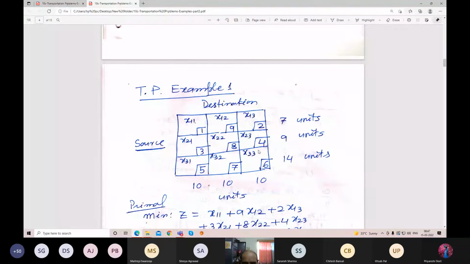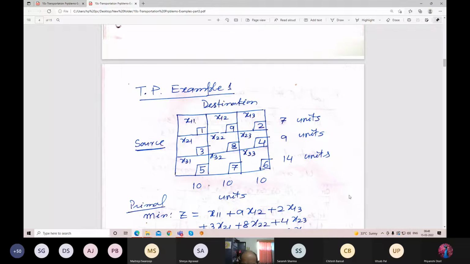And we have some cost coefficients. If you transport 1 unit of product from source 1 to destination 1, the cost is 1 unit. You can see here 1, it is written within a box. Then the next cost is 9, then 2, row-wise I am talking, then 3, then 8, then 4, then 5, 7, 6.